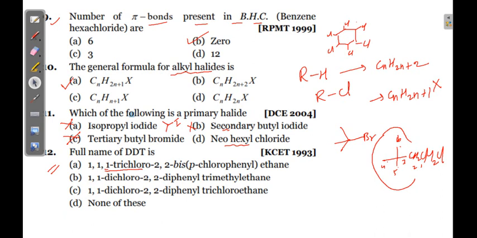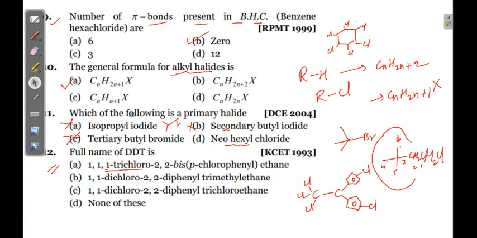If you know the structure, you can easily write it. Trichloro like this, then a benzene ring here, also a benzene ring. On each benzene ring, a chlorine at the para position.